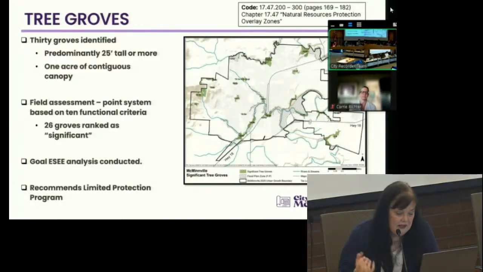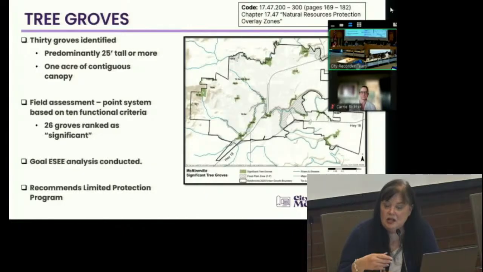That's the data element. So here in 2025, as we picked up this work and started moving it forward again, we reached out to people who own property impacted by tree groves and said, here is the methodology that we used. This is the assessment for your tree grove. We're going to be bringing this forward for adoption. If you have concerns or want to visit with us about the methodology, like you don't believe it's accurate, let's sit down and talk about that.